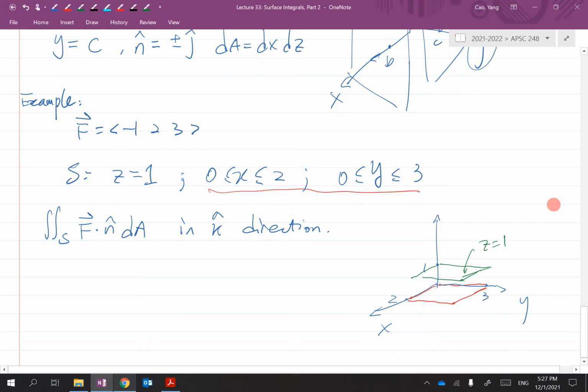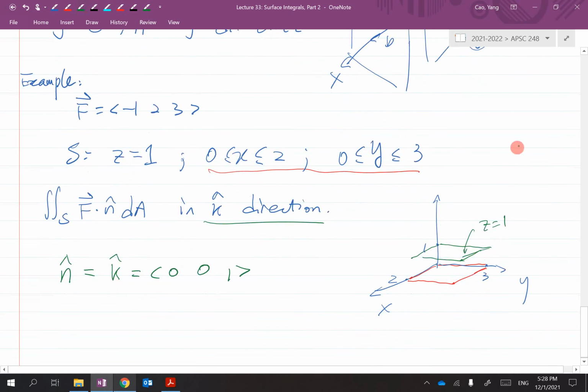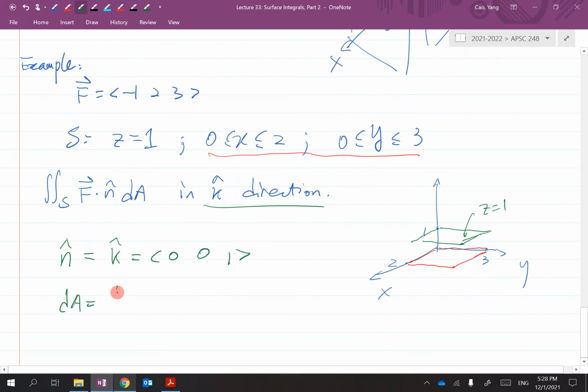So now I'm ready to use the formulas that we have just derived. It's a plane parallel to xy, and it's asking for a flux in the k-hat direction, so n hat should be k-hat, which is 0, 0, 1. And dA is going to be dx dy.